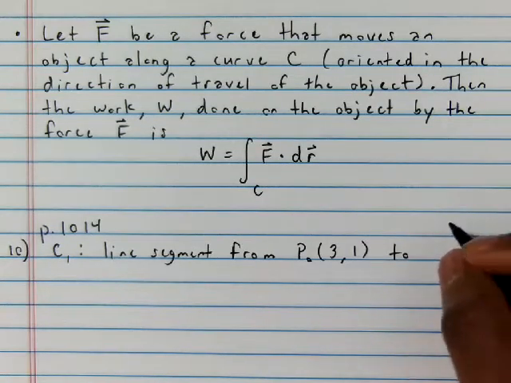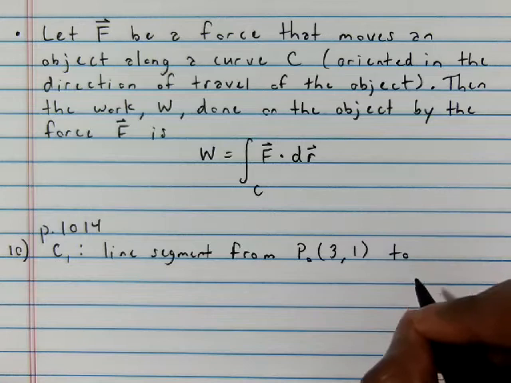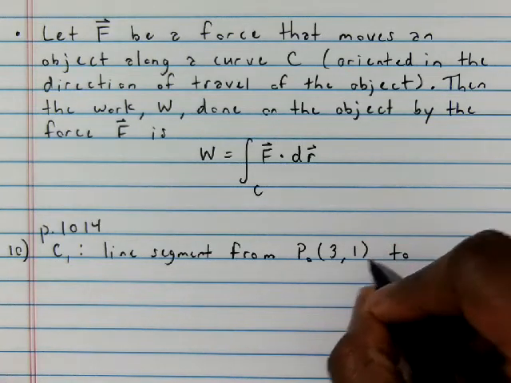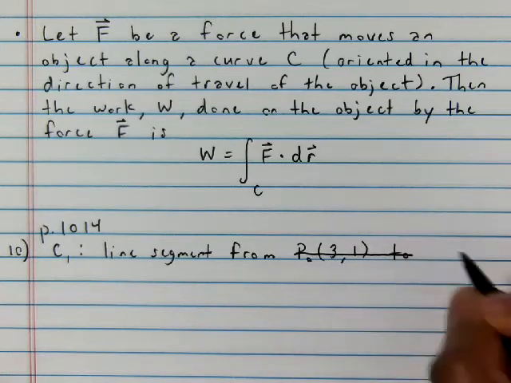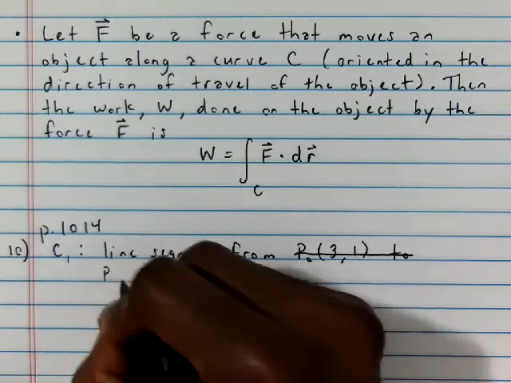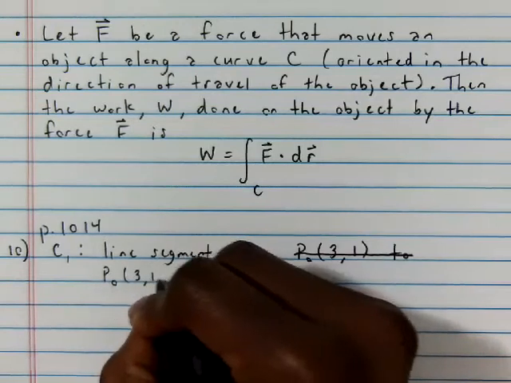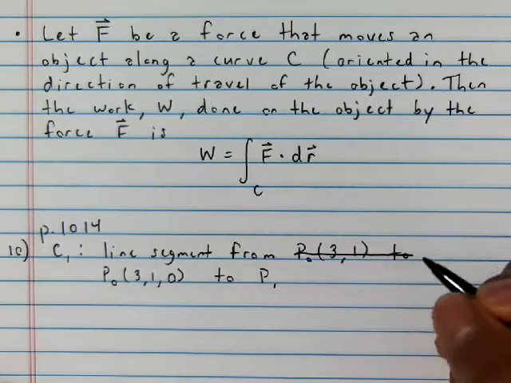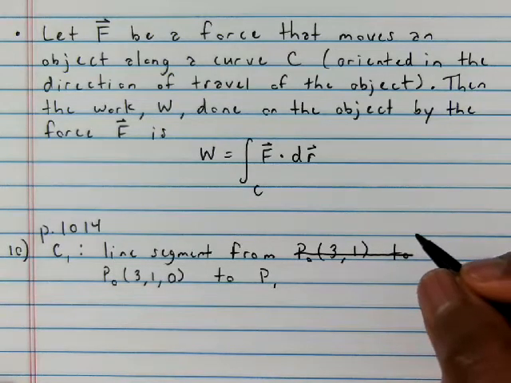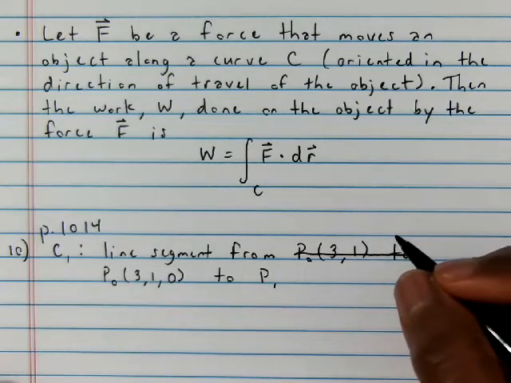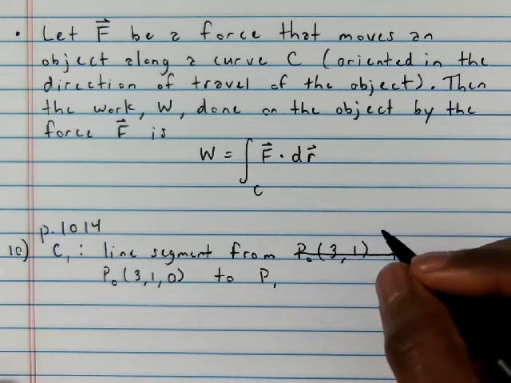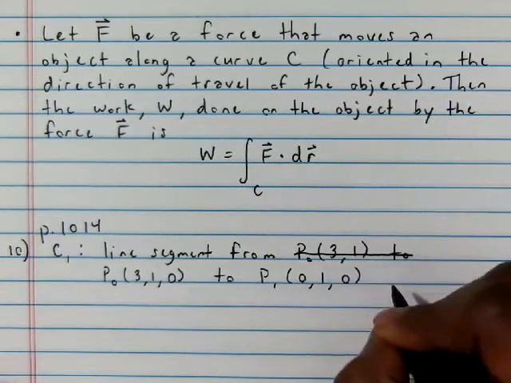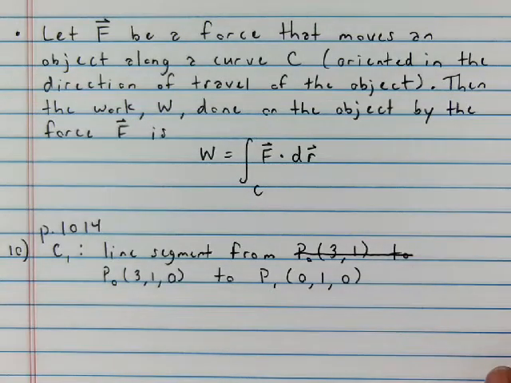I should have 3 coordinates, so P naught is 3, 1, 0. To P1, where y is 1, x is 0 and z is 0: 0, 1, 0.